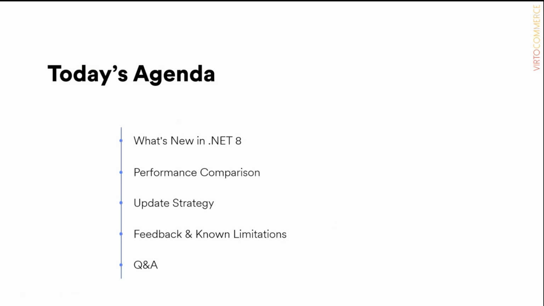Today's agenda is to present what is new in .NET 8, and what we released as part of the Virto Commerce platform. We will provide a performance comparison, as well as an update strategy, because I know everybody will be interested in how to simplify and improve the update path from .NET 6 to .NET 8 with Virto Commerce, what we provided, and maybe early feedback from other clients and partners who already updated Virto Commerce.